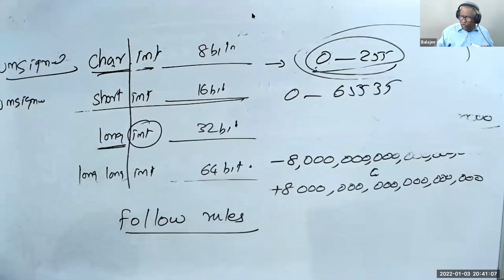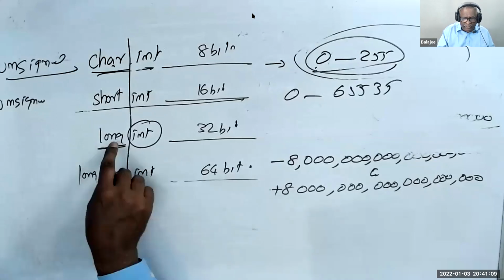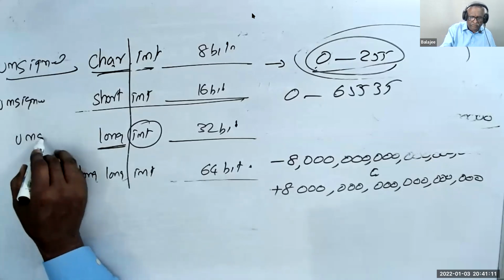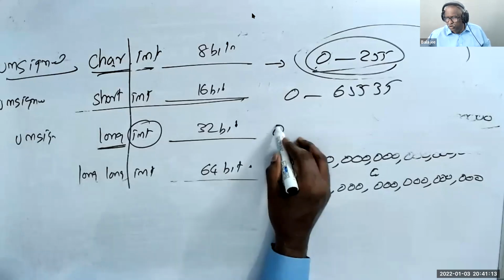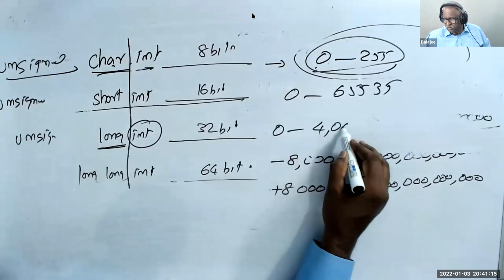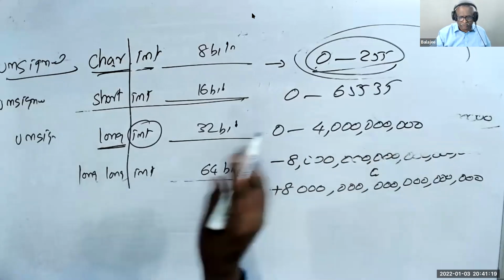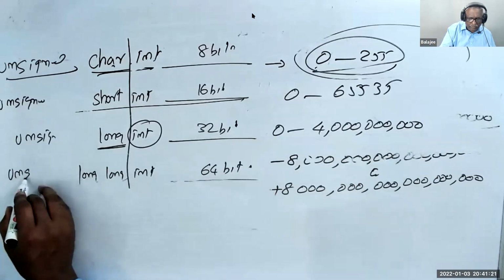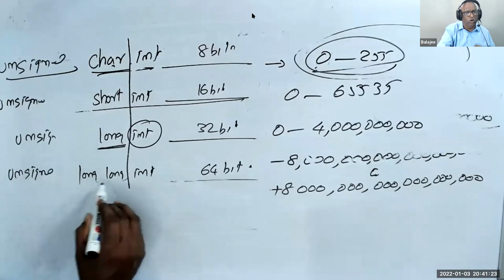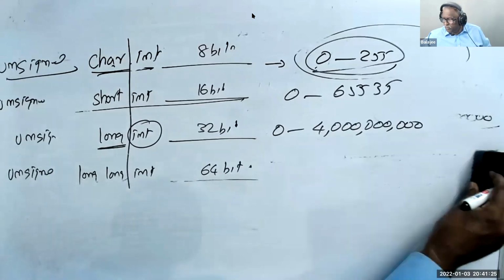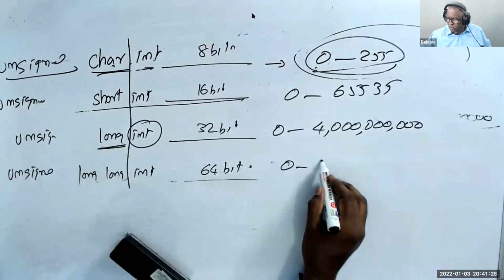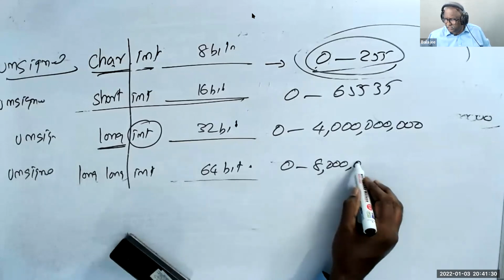I'll tell you in the same way here. If you say long int, if you say unsigned, then it starts from 0 to 4 trillion. No negative numbers. If you say unsigned long, then you can store from 0 to 8 followed by 18 zeros.